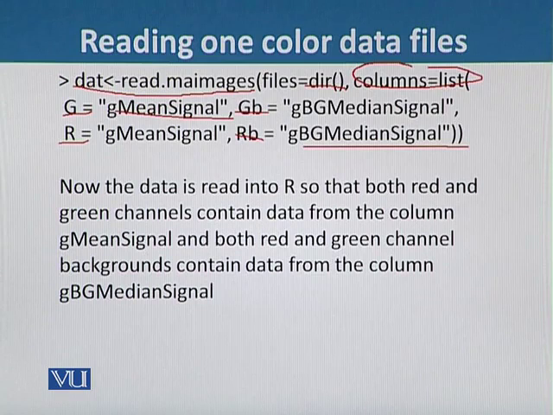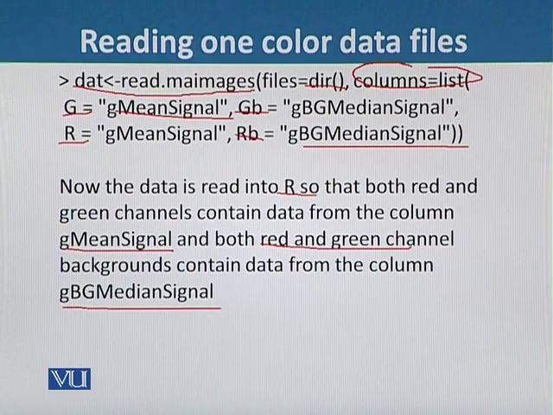Now the data is read into R so that both red and green channels contain data from the column G mean signal, and both red and green channel backgrounds contain data from the column GB mean signal.